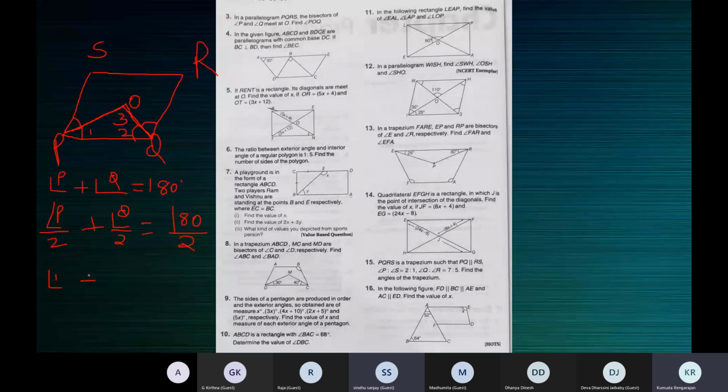Now, what is Q by 2? Angle 2. Angle 2 is equal to 90 degrees, ma'am. Now, in triangle POQ, angle 1 plus angle 2 plus angle 3 is equal to how much?